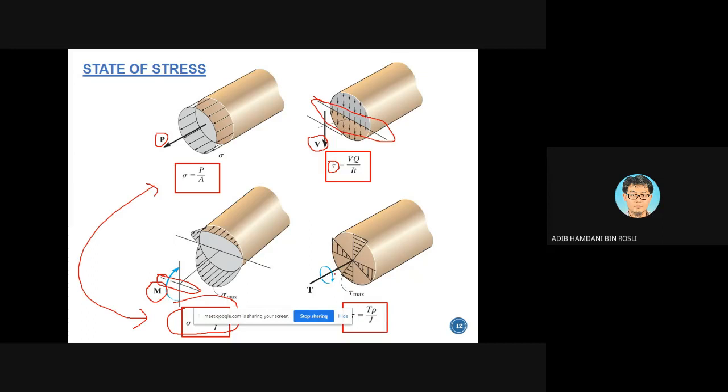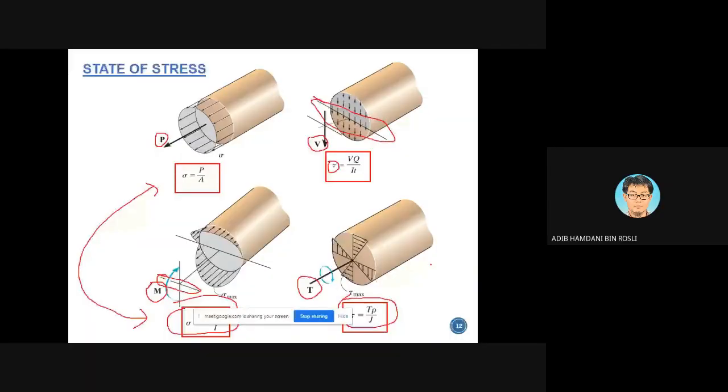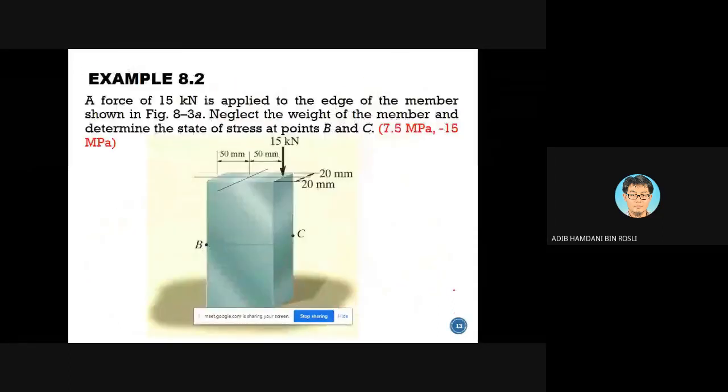And then torsional moment T, given by this equation. Basically for these, you can superimpose them, but you have to look at the direction.